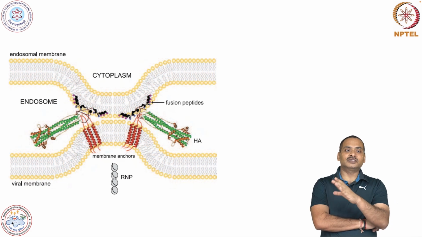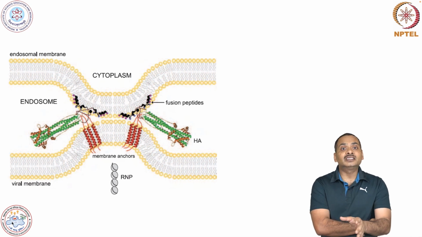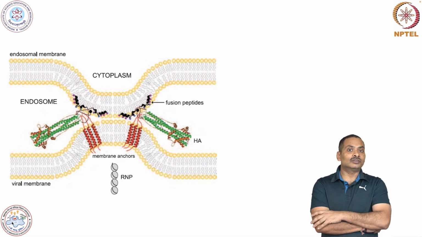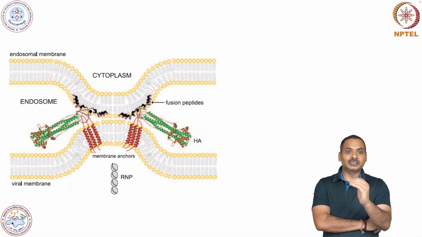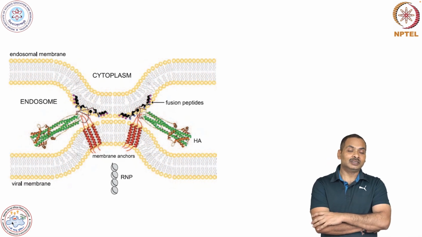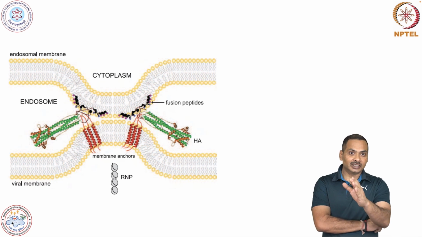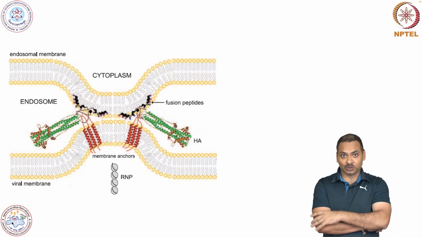Here you can see the fusion peptide and the HA protein, facilitating the fusion of two membranes. There is an endosomal membrane and also a viral membrane, and this fusion takes place with the help of the HA protein.